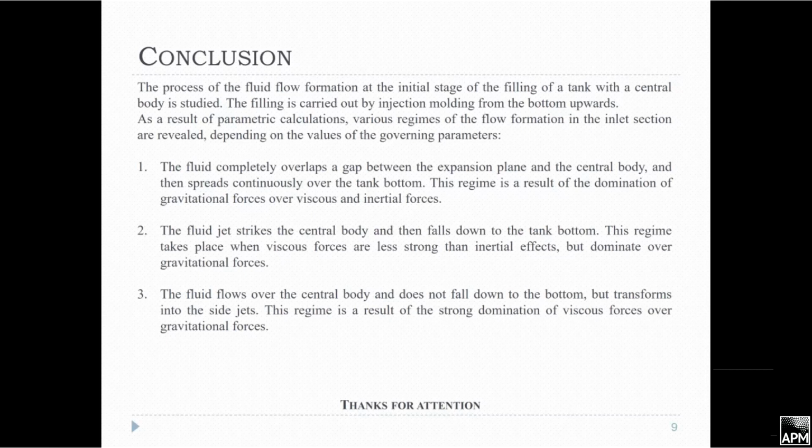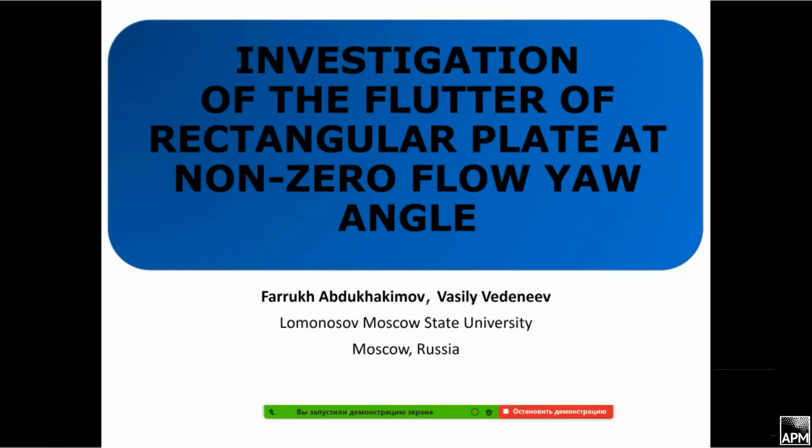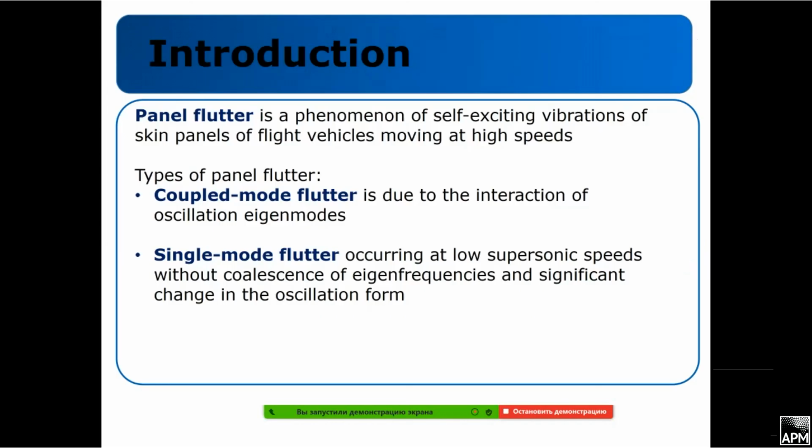I'll do Hakima follow. I want to talk about flutter of rectangular plates at non-zero yaw angle. In our work, the phenomenon of panel flutter is considered. Panel flutter is the phenomenon of self-exciting vibration of skin panels of flight vehicles at high speeds.